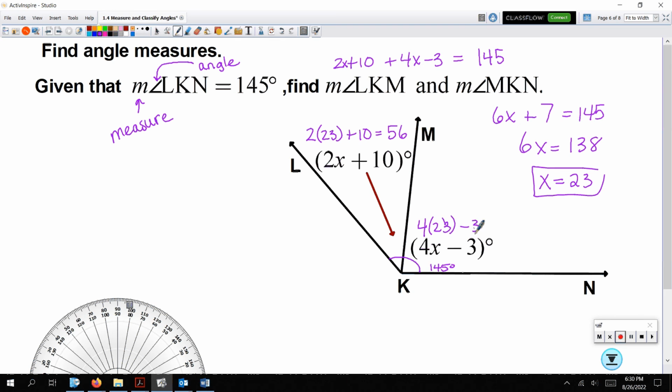You can also take the whole thing, 145, subtract what you got already, and find it that way too. Let's see if we get the same number. 4 times 23 minus 3 gives me 89. 145 minus 56 is also 89. So there's more than one way to go about it.